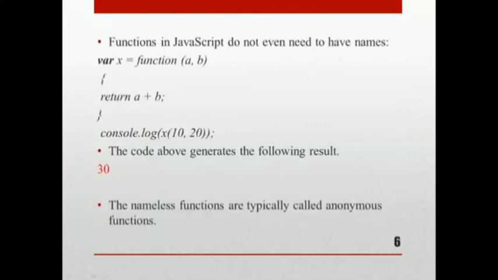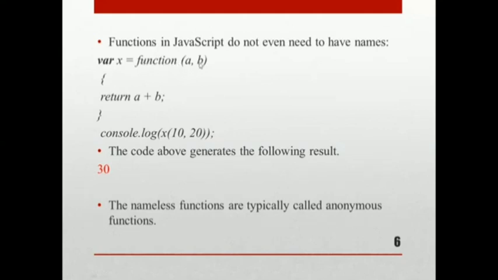Then, functions in JavaScript do not even need to have names. Without giving a name to that function, we can execute that function also. Here you can see the example for this variable declaration where x is equal to function, with the parameters inside. We have not given any name to this function.